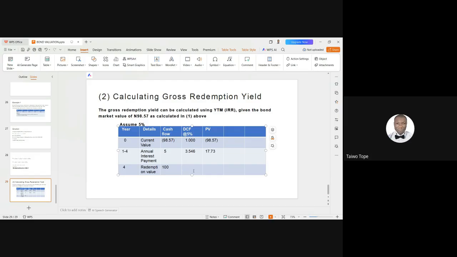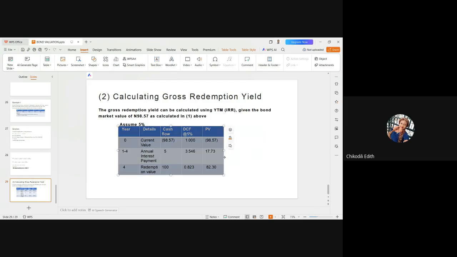So 1 plus 0.05 to the power of minus 4. And that will give you 0.8227. 0.823 multiplied by 100. And this will give you 82.3.